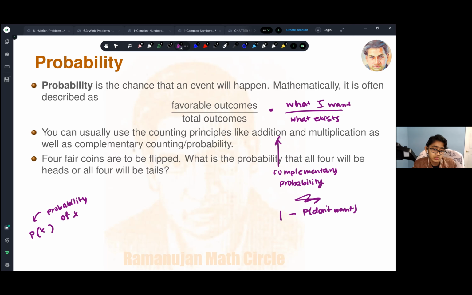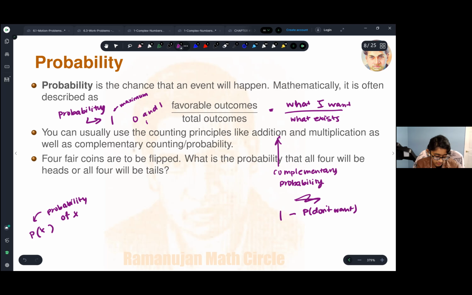For those of you that are new to probability, let me introduce to you one simple concept. The probability of a thing occurring, the maximum it could be is 1. That's the maximum. And so probability is always between 0 and 1 inclusive.